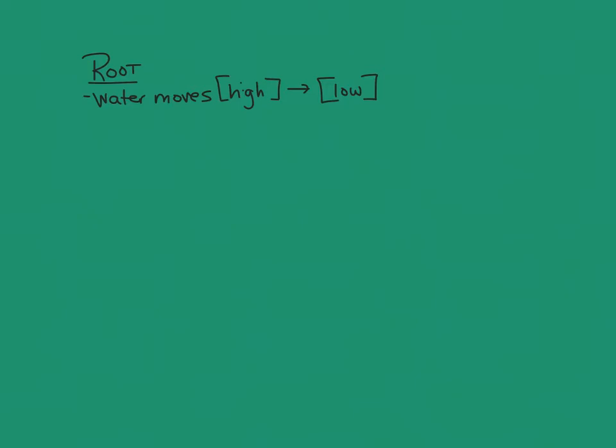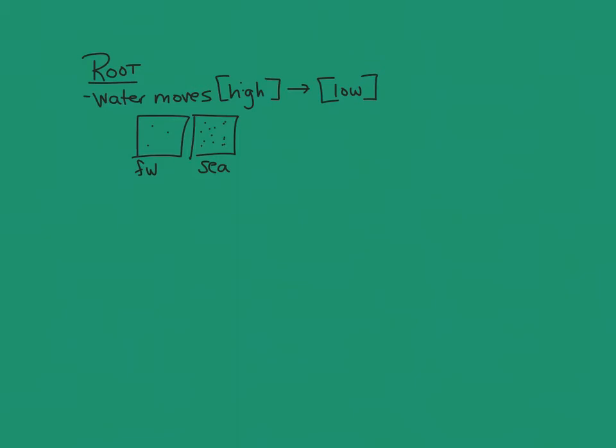If we had two cells or two entities, and one was fresh water and one was seawater or salt water, the seawater has a higher concentration of salt than fresh water.